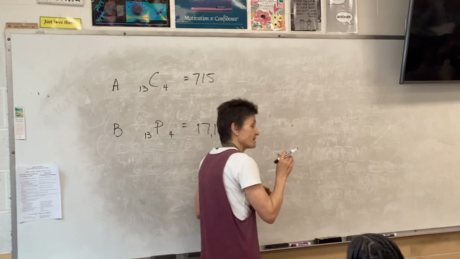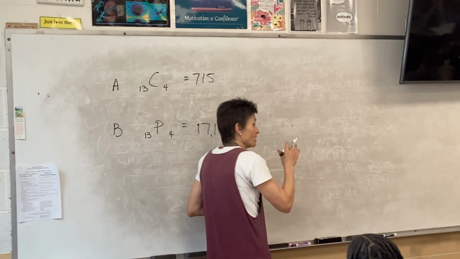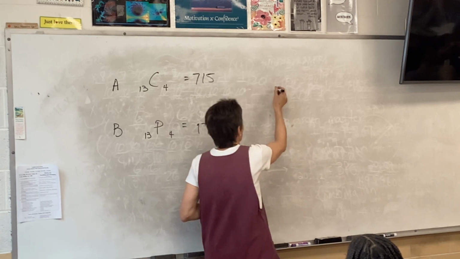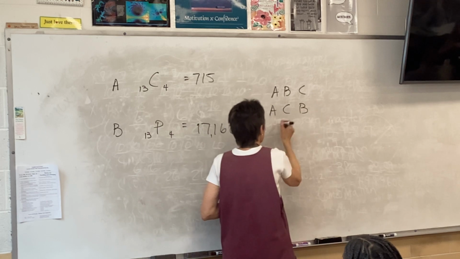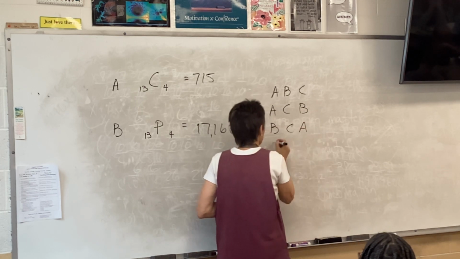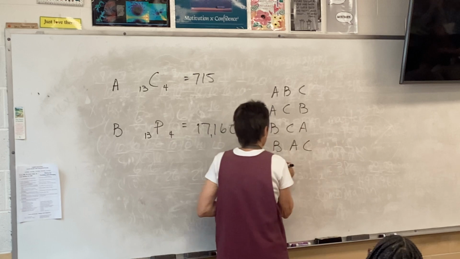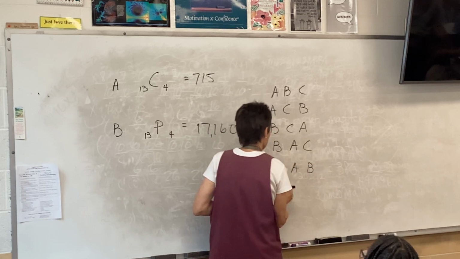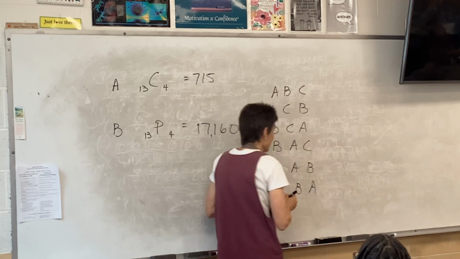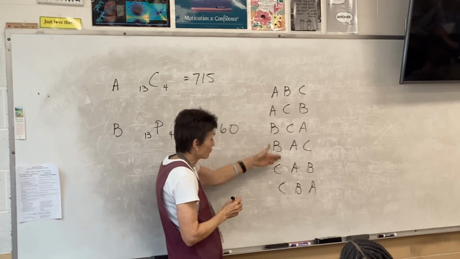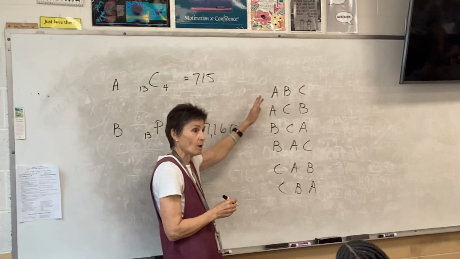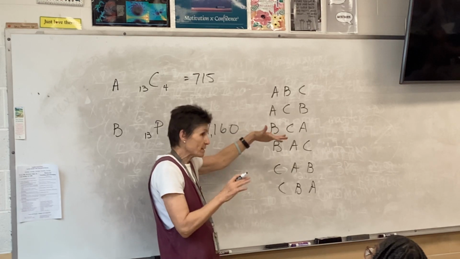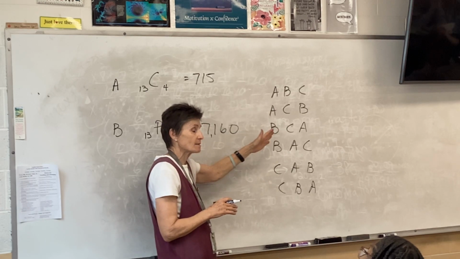So there are 6 ways that you can arrange 3 things in a row. I'll write them out, just so you can see what I'm talking about. I call them A, B, and C, and there are 6 ways you can arrange them in a row. Three things in a row, that's it, there are no other ways.